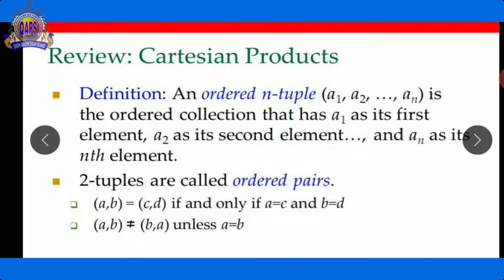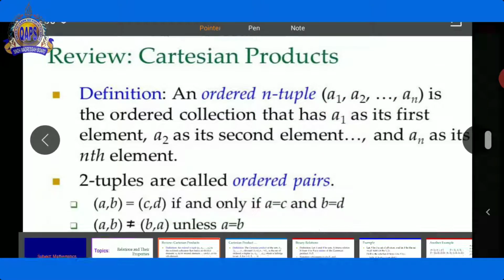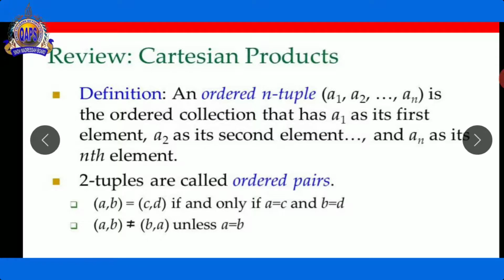So the definition of Cartesian product is that an ordered n-tuple must represent, in this bracket, many numbers. n represents any number. If the order shows that it is a 3-tuple, it must be a1, a2 and a3. Only 3 numbers are included.